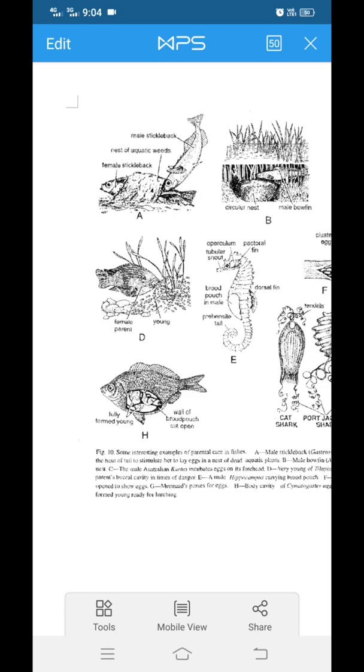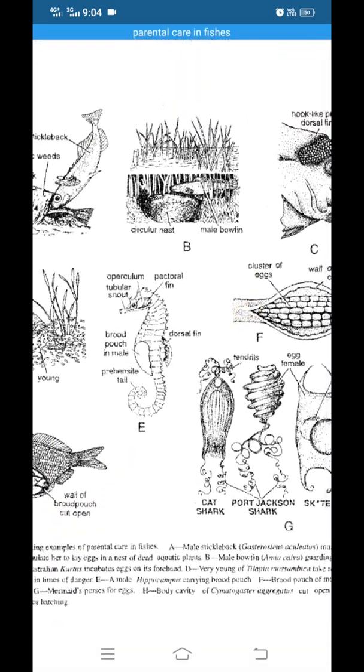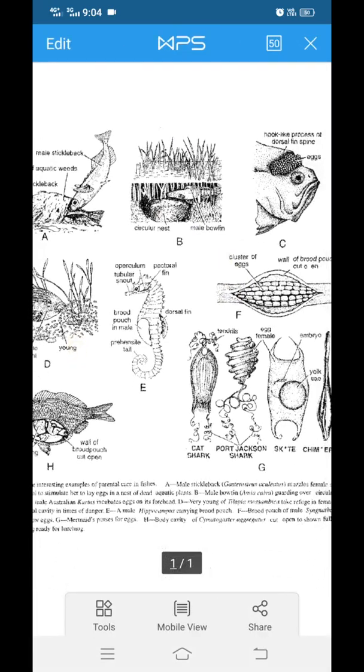It builds a crude circular nest with the help of aquatic plants. Again, the male keeps guard until the eggs are hatched and then keeps the young fish with him for some time. Here you can see the circular nest prepared by the male bowfin.